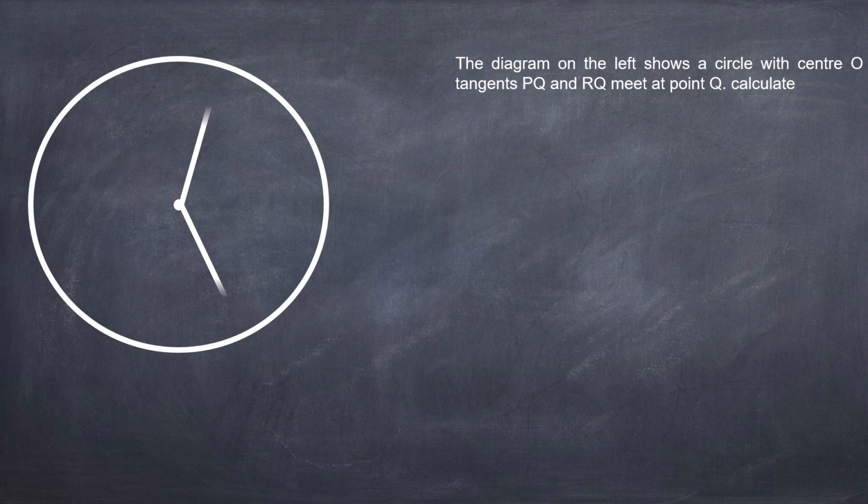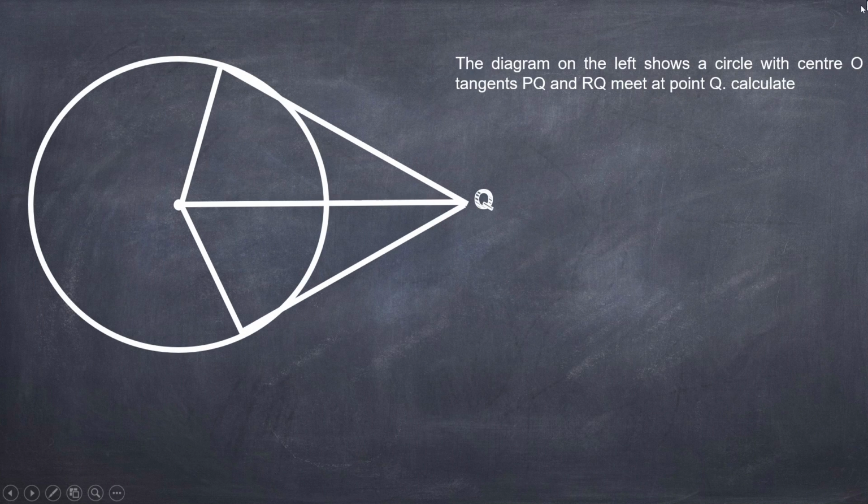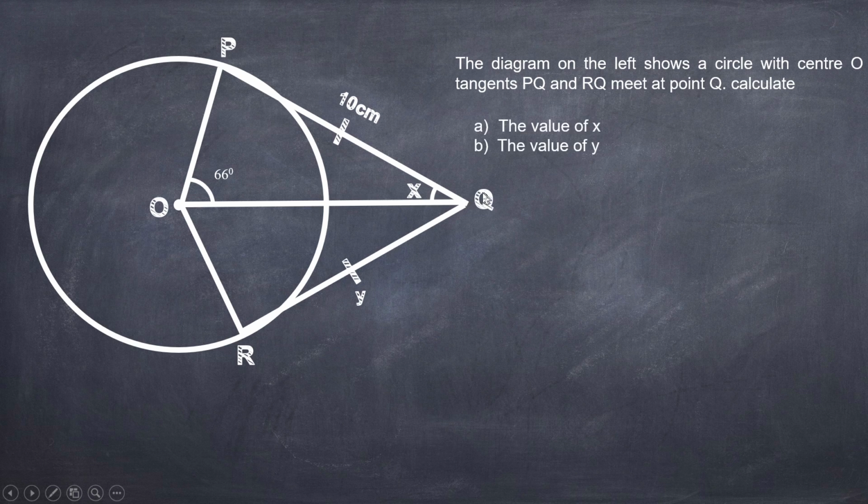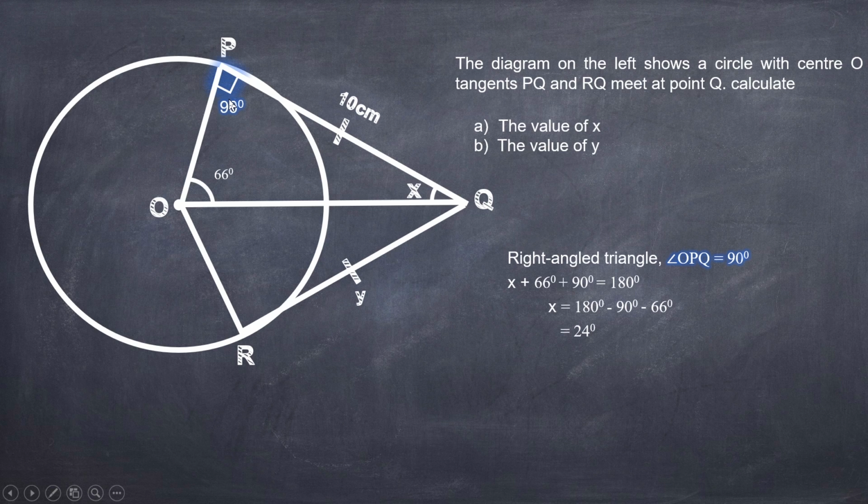The diagram shows a circle with center O, and tangents PQ and RQ meet at point Q. Calculate the values of x and y. As we know, this angle is 90 degrees.